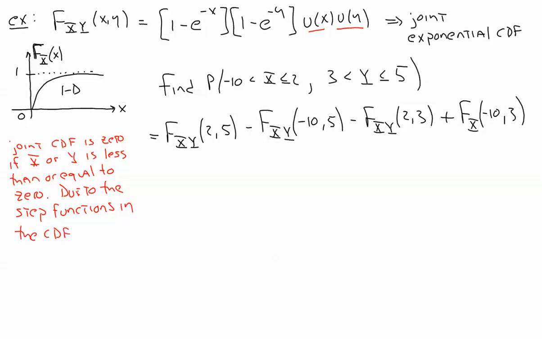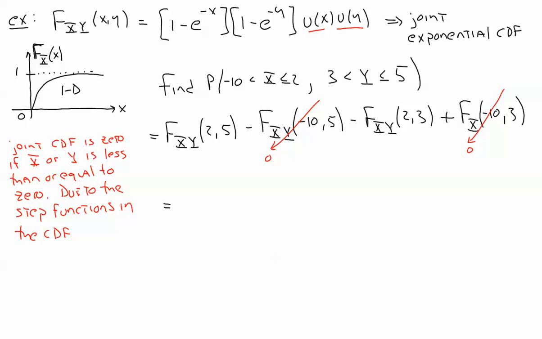Okay, so for that reason, this is 0, and this one over here is also 0. Those two pieces of the puzzle are both exactly 0. Due to the step functions, my joint CDF is 0 when either or both of the arguments is less than 0. Okay?